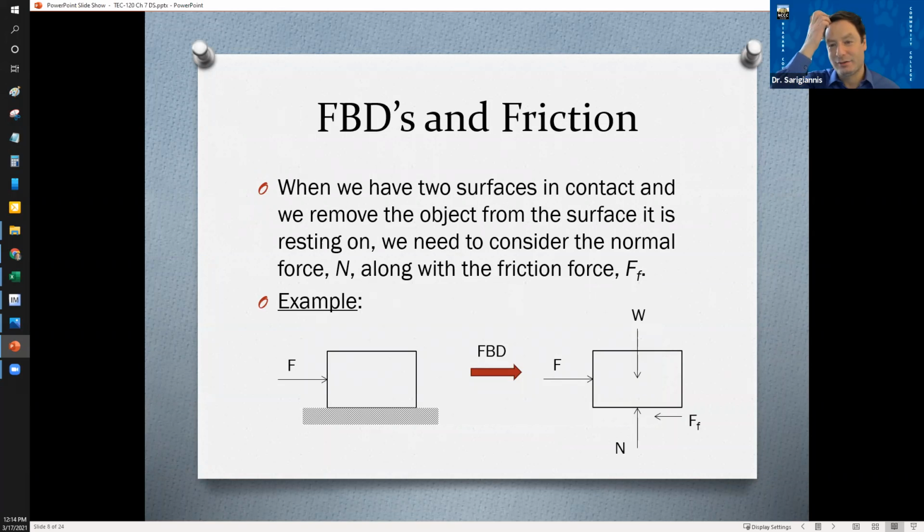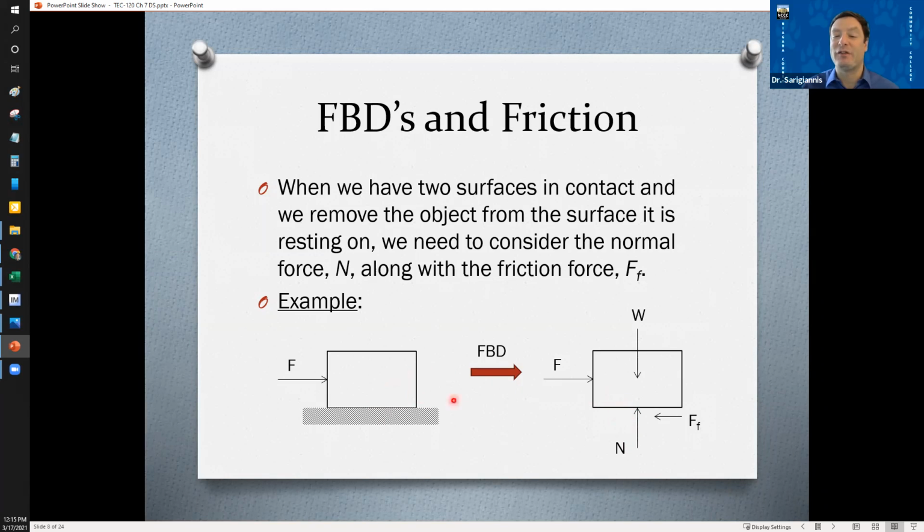All right. Oh, yeah, free body diagram. This shouldn't be that much more of a stretch from what you were working on before, but if you have an object resting on a surface, right? If you remove that surface, you're replacing it with a reaction force. In this case, we're replacing it with a normal force.